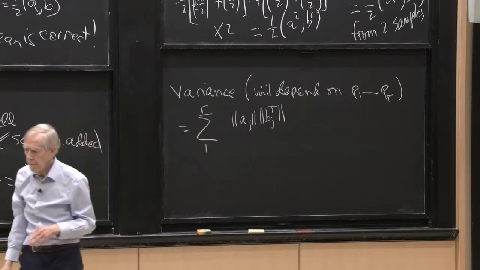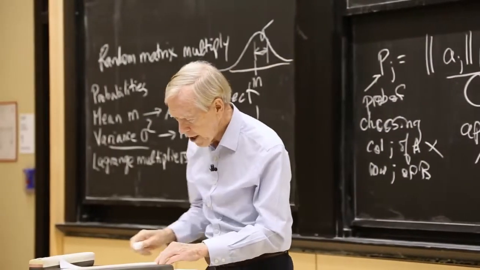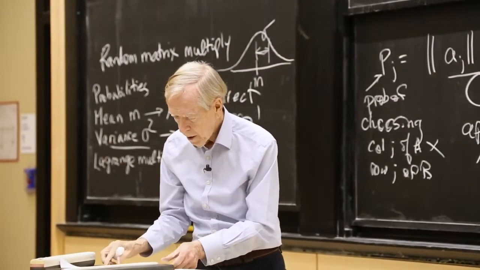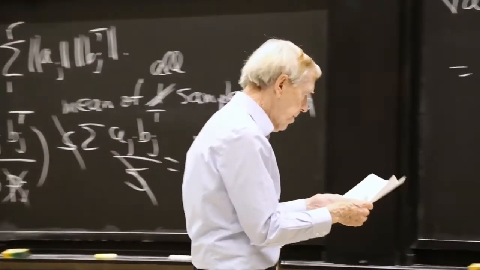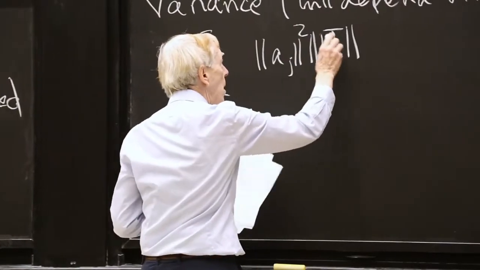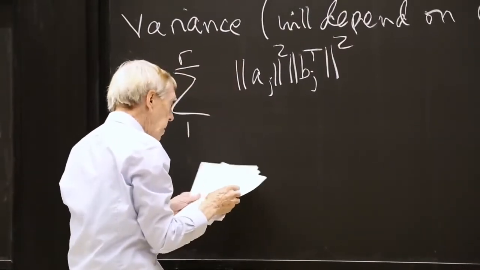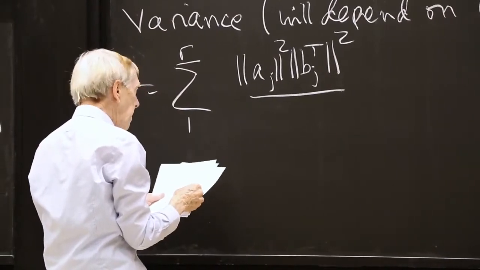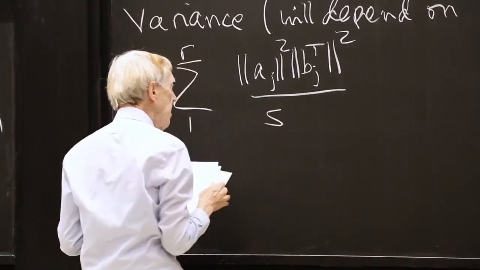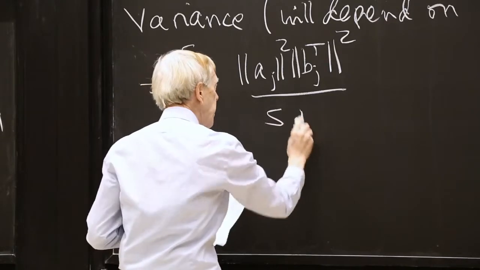Let me just check. Yes, squared. So these are squared, because variances are squared. And then there's an S there, and there's a PJ.